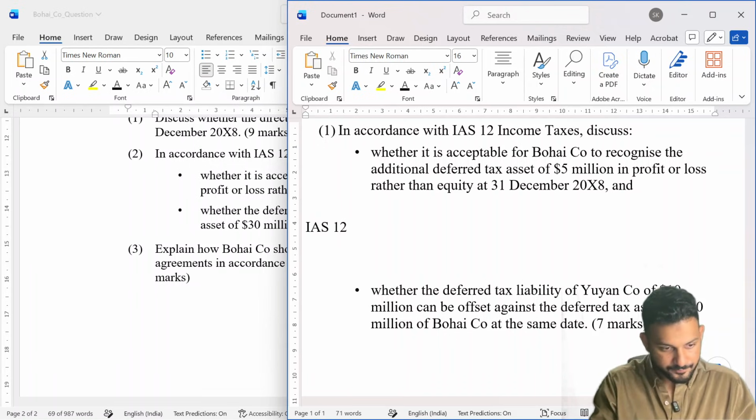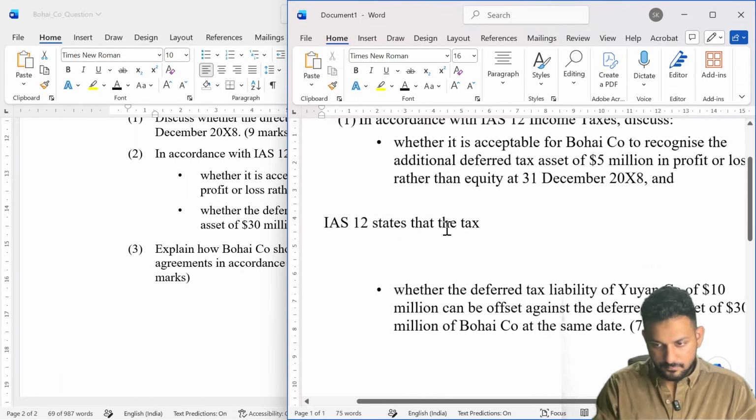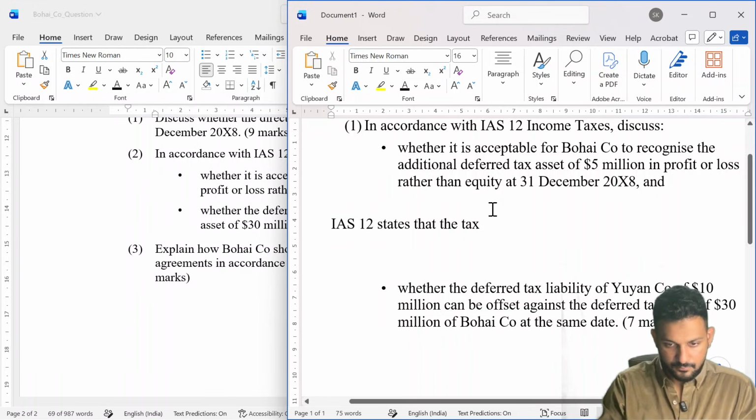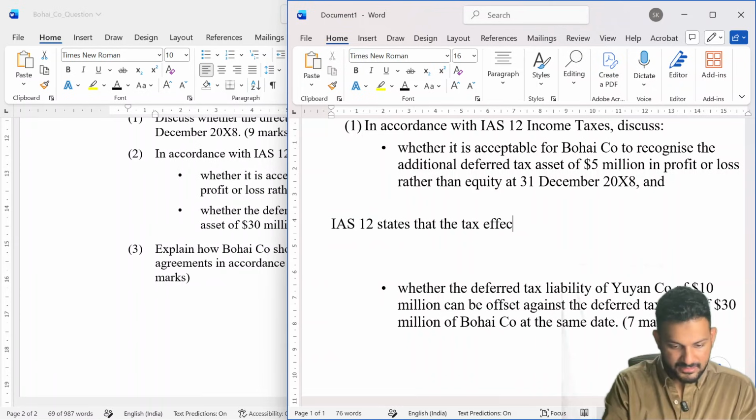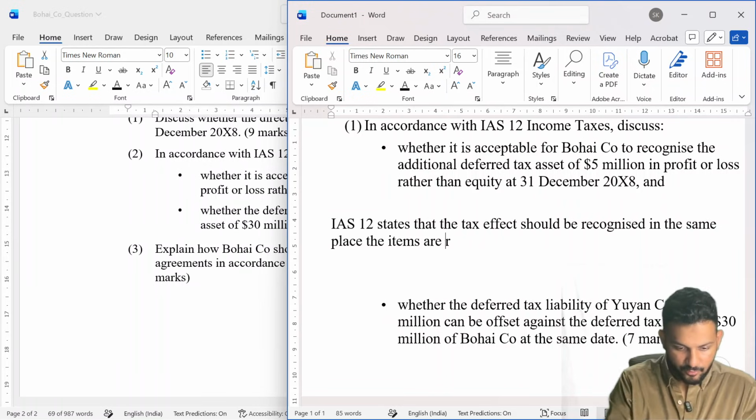As per IAS 12, the tax effect should be recognized in the same place the items are recorded.